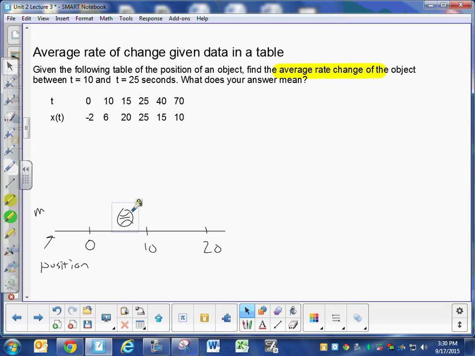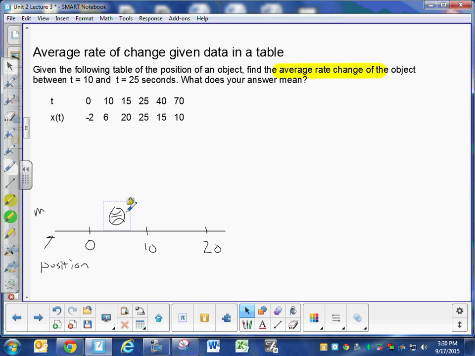This is the problem with looking at a table, is we don't know what's going on in between the timestamps, right? Now what we will say is that my displacement between 0 and 10 seconds was 8 meters, because the difference between those two meter marks is a total of 8 meters, but I don't know my distance. I don't know how far I went to the right, how far I went to the left, whether I zigzagged like 20 times in the 10 seconds to get to meter mark 6.